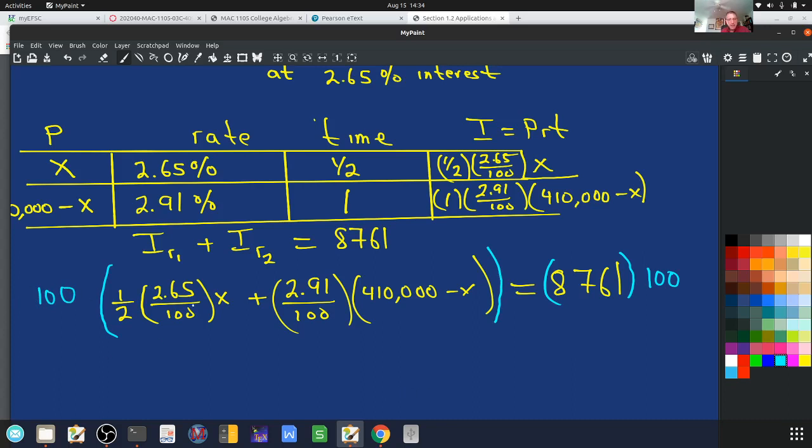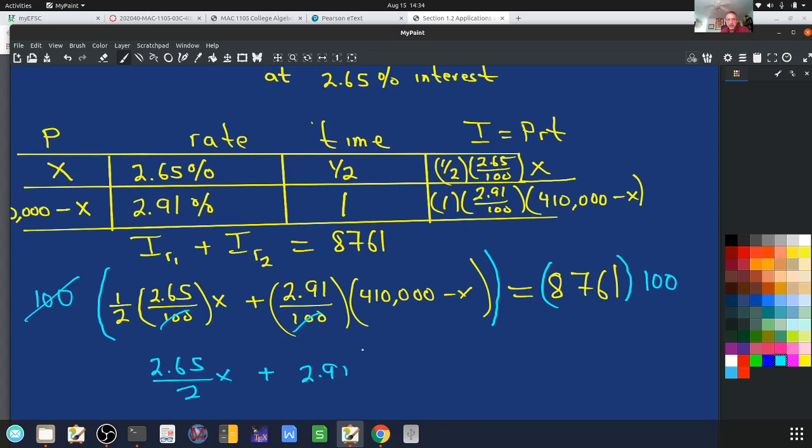And that allows me to cancel out the 100s. So I still get 2.65 times 1/2 x plus 2.91 times 410,000 minus x is equal to 8,761, and I add 2 zeros.